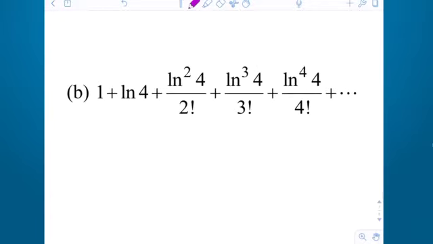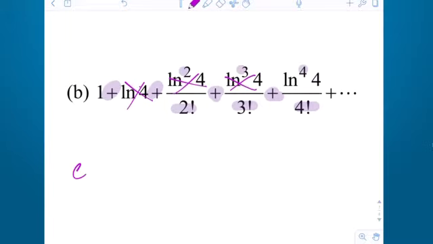All right, this one down here. Notice it doesn't alternate. There's only 2 that we memorize that don't alternate, e to the x and 1 over 1 minus x. And only one of those 2 has factorials in the bottom that match the powers in the numerator. And that's, of course, what? E, right. So e to the x would, of course, have 1 plus x plus x squared over 2 factorial plus x cubed over 3 factorial.